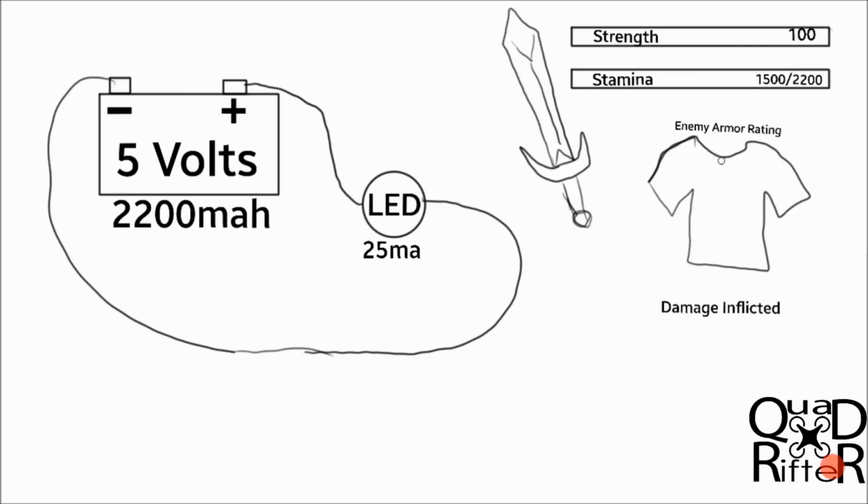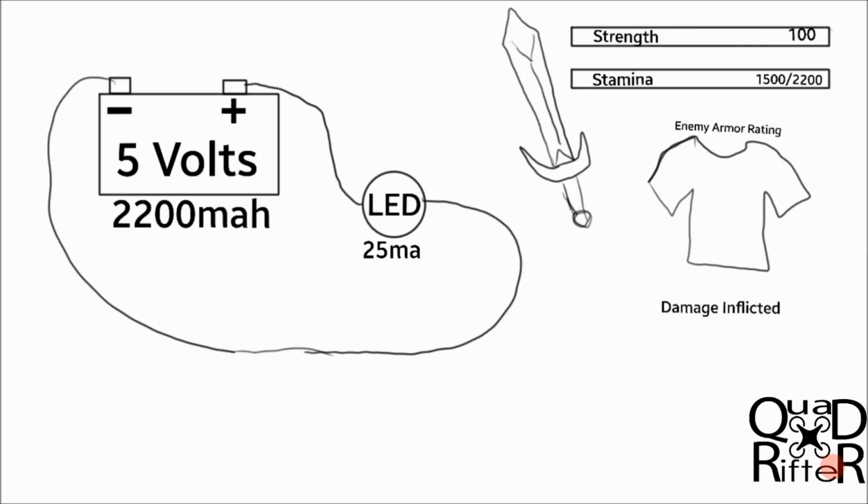When you're swinging a sword in the game, if you have 100 strength and your stamina is at 2200, every time you swing it's going to knock your stamina down some until you basically can't swing anymore, or your strength gets taken down because you can swing the sword but you're not very effective.